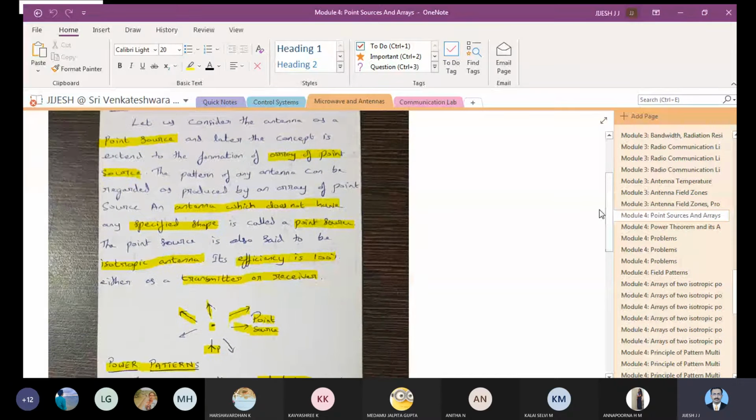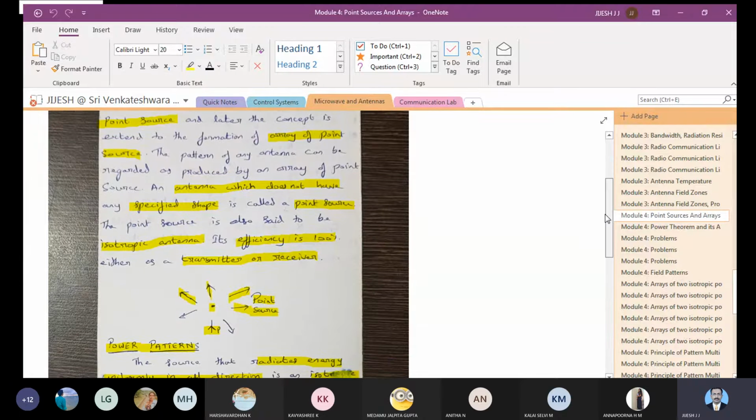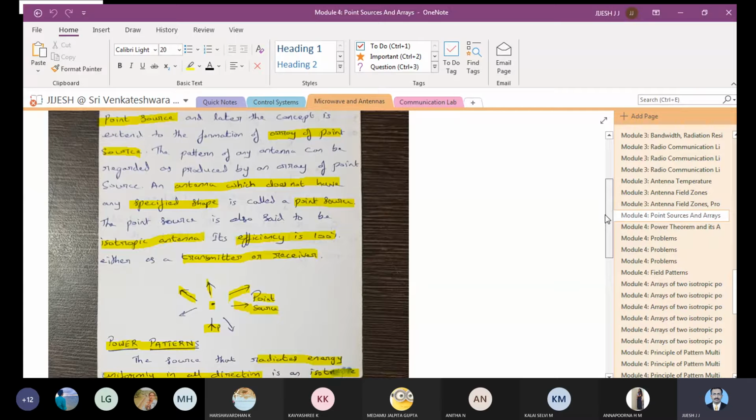The combination of many point sources put together, you can say that it is an array. And you have also discussed an isotropic antenna, where you can see that efficiency is 100%.